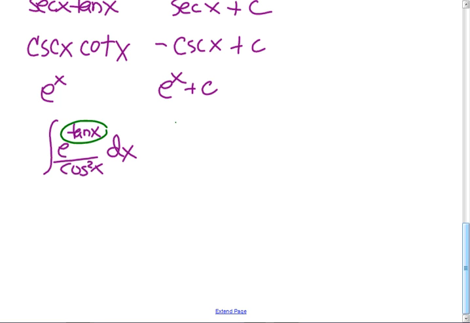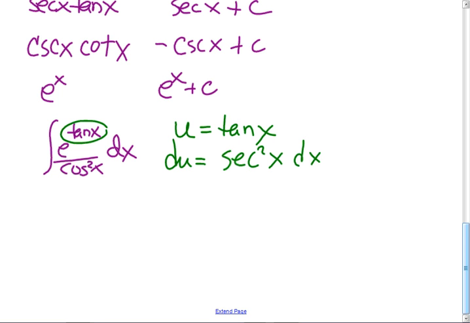If U is equal to the tangent of X, then you try it. Then what's du? What's the derivative of tangent? Secant squared. But what is that? That's 1 over cosine squared. It is tricky, but how do you get better at it? Practice.